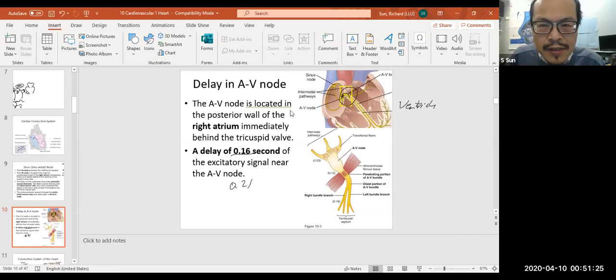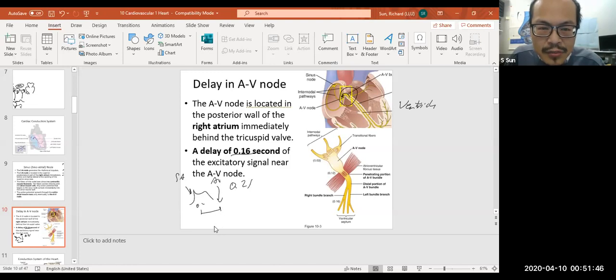So here we will have the SA node generate an action potential in the atrium. This one will take about 0.2 seconds. So this is triggered by the SA node. And the AV node has to wait until that 0.2 seconds.